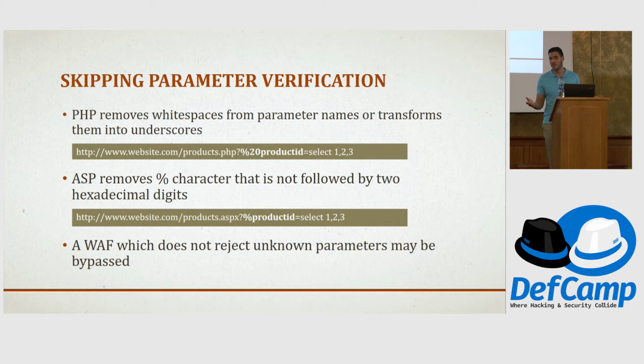I don't know this parameter, so it will be fine. And when it comes to the backend, ASP then just removes the % and sees productID. And yeah, if a WAF is configured in such a way that it does not reject unknown parameters, it may be bypassed this way.